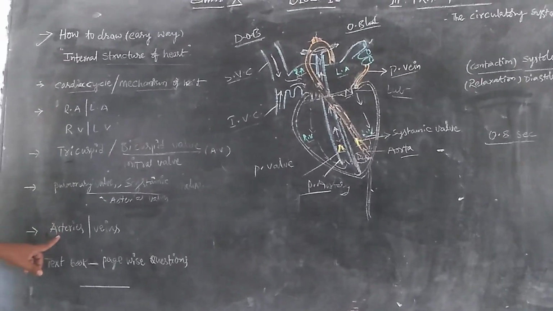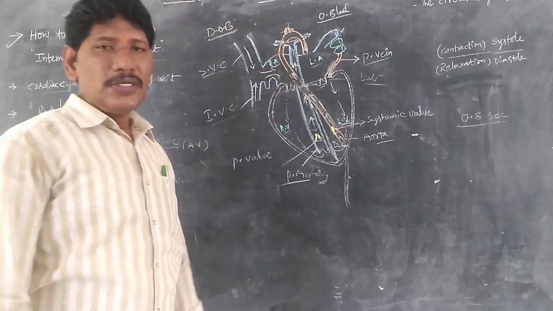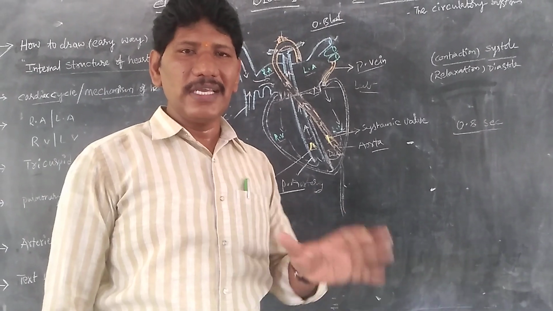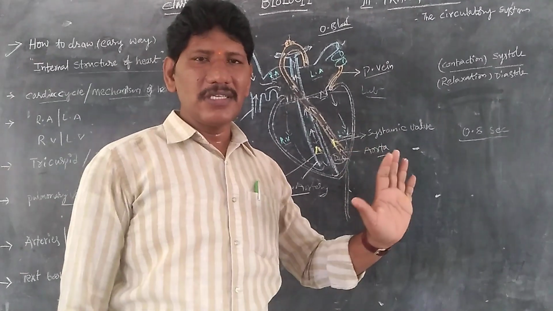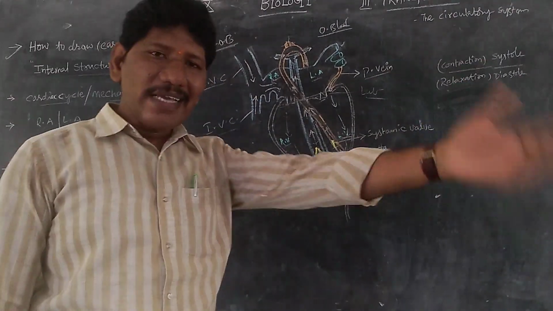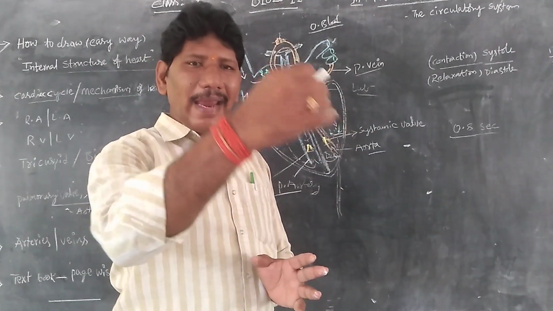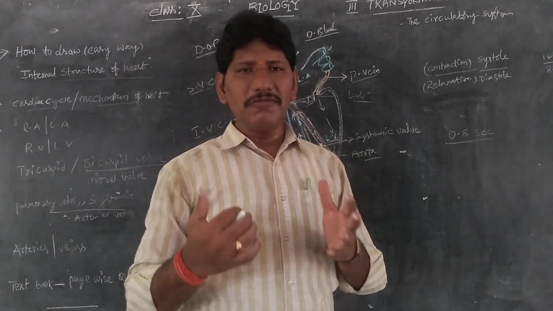Next, coming to arteries and veins, the structural and functional differences. We have two types of blood vessels. One is the arteries, which carry oxygenated blood from the heart towards the body parts. The second is the veins, which start from the body endings and travel towards the heart.